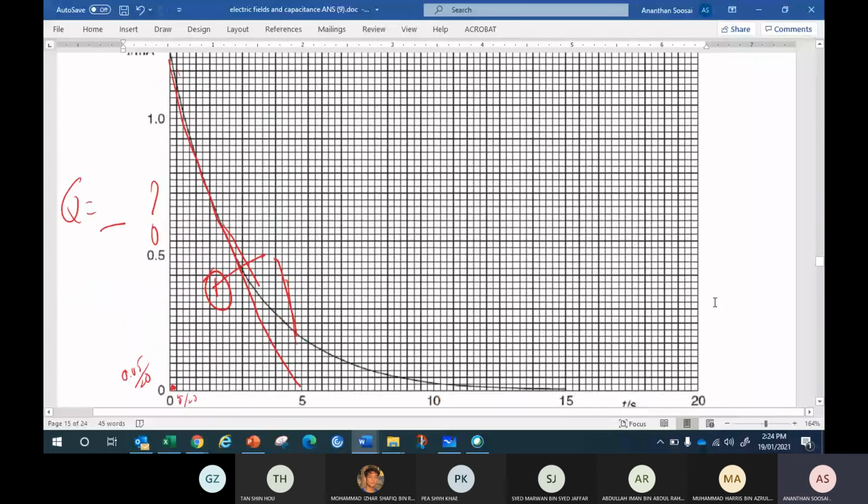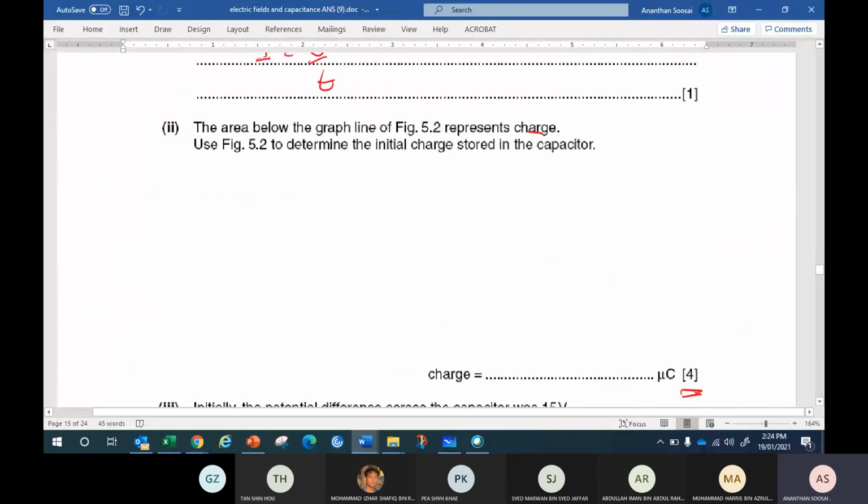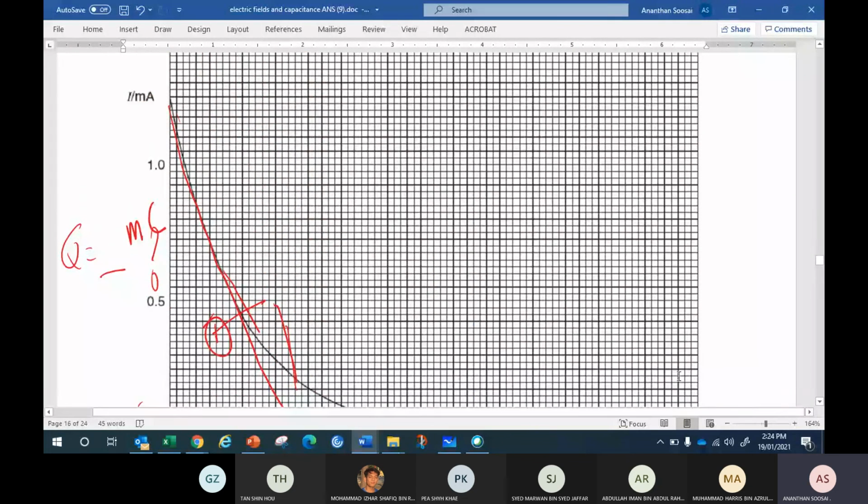So the area will be in millicoulomb, milliampere times second. But they want microcoulomb, so you multiply by 10 to the power of 3. That conversion you must do, millicoulomb to microcoulomb.